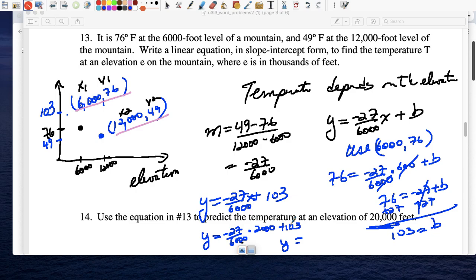Enter. 27 over 6,000. Oh my God. 27 over 6,000 times, what is it? 20,000. So I forgot a 0 here. Times 20,000. Plus 103. Final answer.